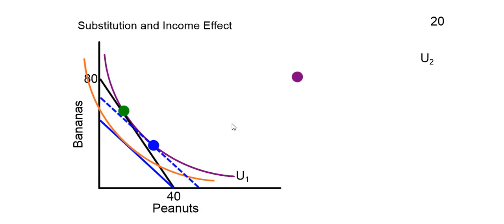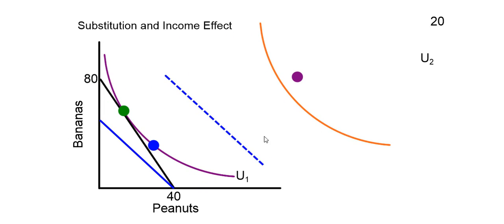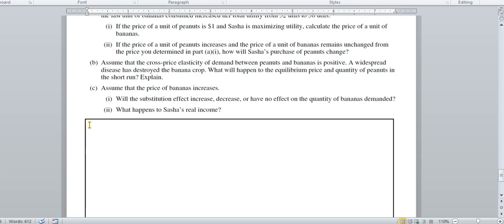So what I'm going to do here is take some of this stuff out so I can explain to you how this works. Let me just move this out of the way. So we're actually starting off here, okay? Now what's happened in the problem is that the price of bananas goes up.